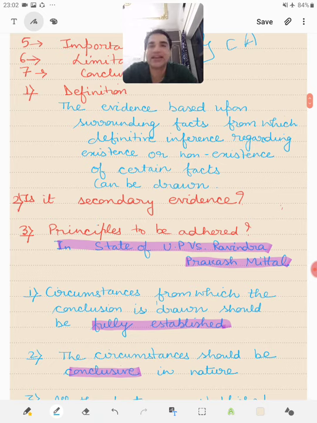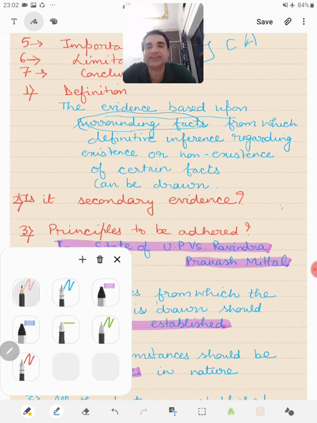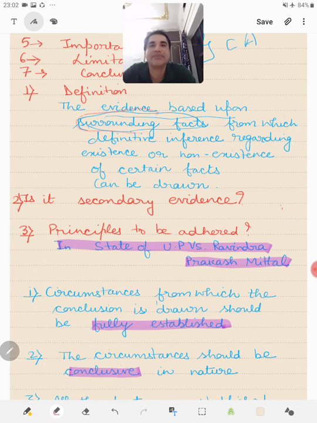Friends, the simplest definition of circumstantial evidence is that it is evidence based upon surrounding facts. Those facts which are surrounding the main fact. Evidence based upon surrounding facts from which definitive inference can be drawn regarding existence or non-existence of certain facts.